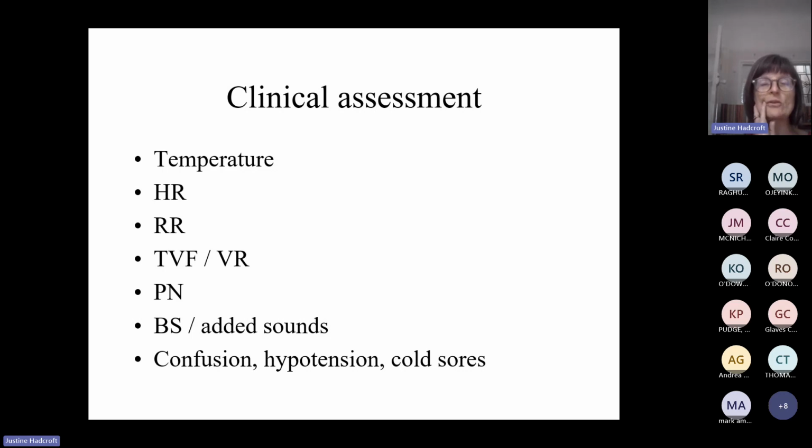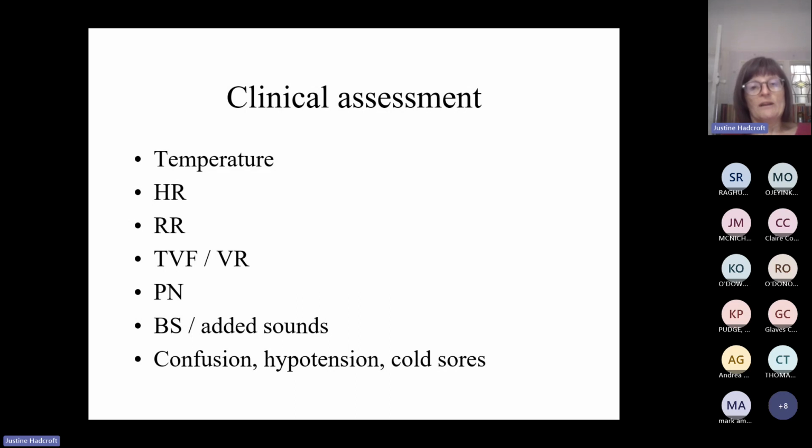Added sounds in pneumonia are usually coarse crackles because you get inflammatory exudate in the alveoli, and as you breathe in and out, the air bubbles through the inflammatory liquid and causes a bubbling noise, which is a wet crackle or a coarse crackle. And as mentioned earlier, you can get pleural rub if the pleural surfaces are involved, so listen out for those things.